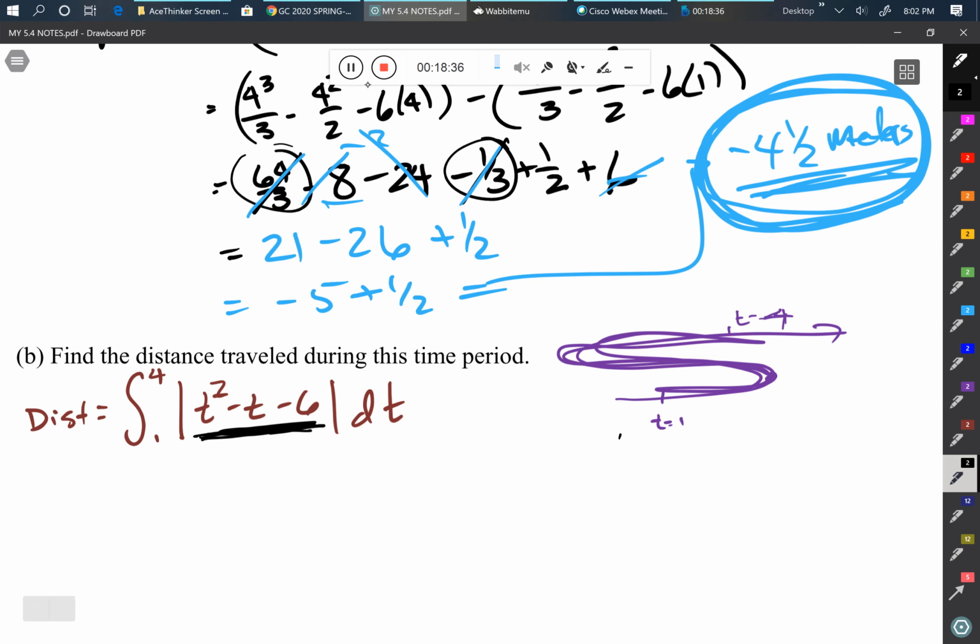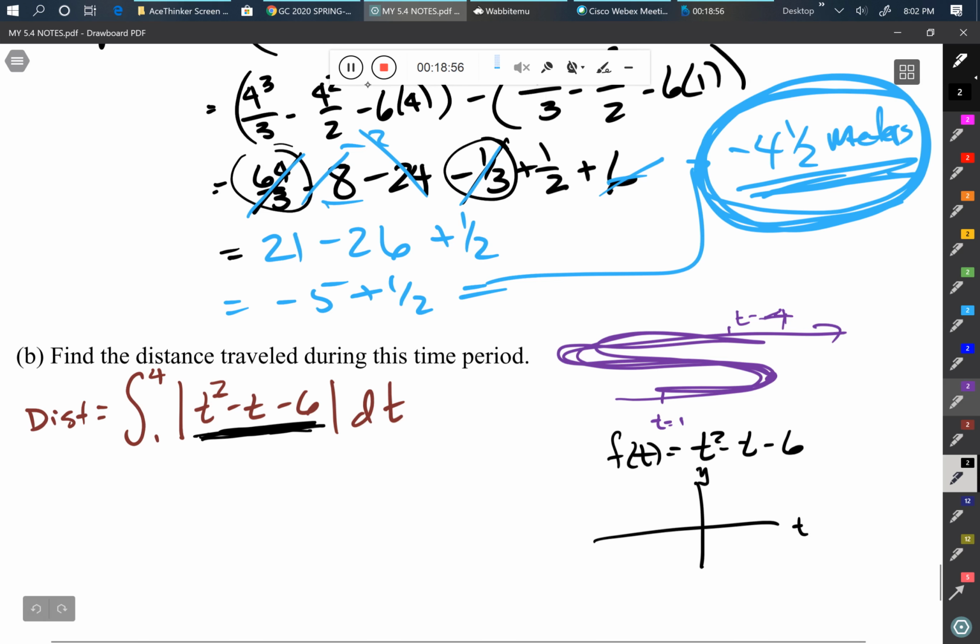So first off, f of t equals t squared minus t minus 6 is a parabola opening up. If I were to graph this thing and make this be the t-axis and this is the y-axis or the f of t-axis, whichever you prefer, then this thing is a parabola opening up. It looks like this thing is factorable, and it should factor into t minus 3 and t plus 2.